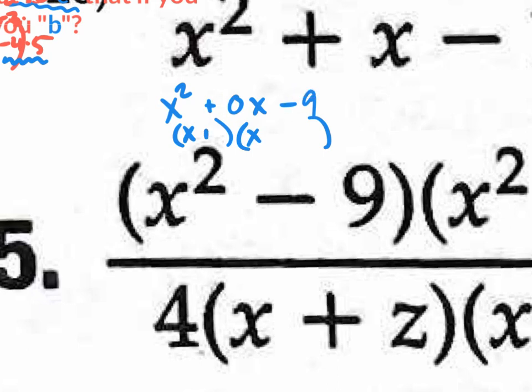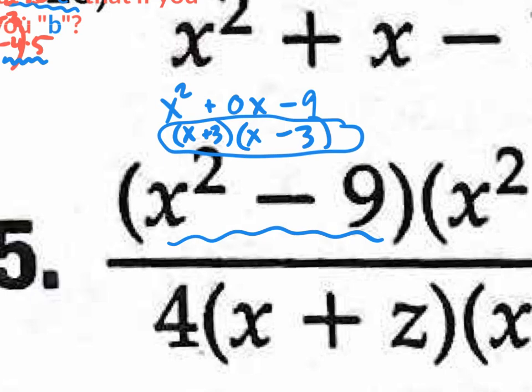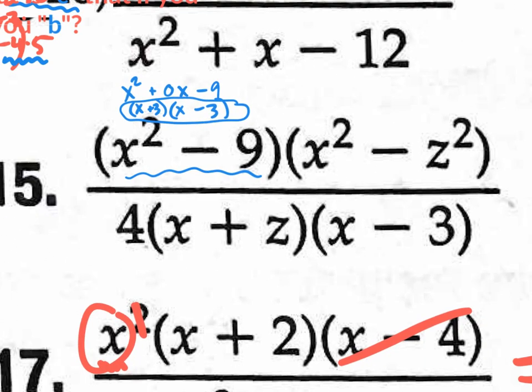Well, that's easy. It's plus 3 minus 3. So I've just rewritten this to look like these two parentheses, x plus 3, x minus 3. Okay, and then you could cancel out the x plus 3 up here, you could cancel out this x minus 3 up here with that x minus 3 down there.